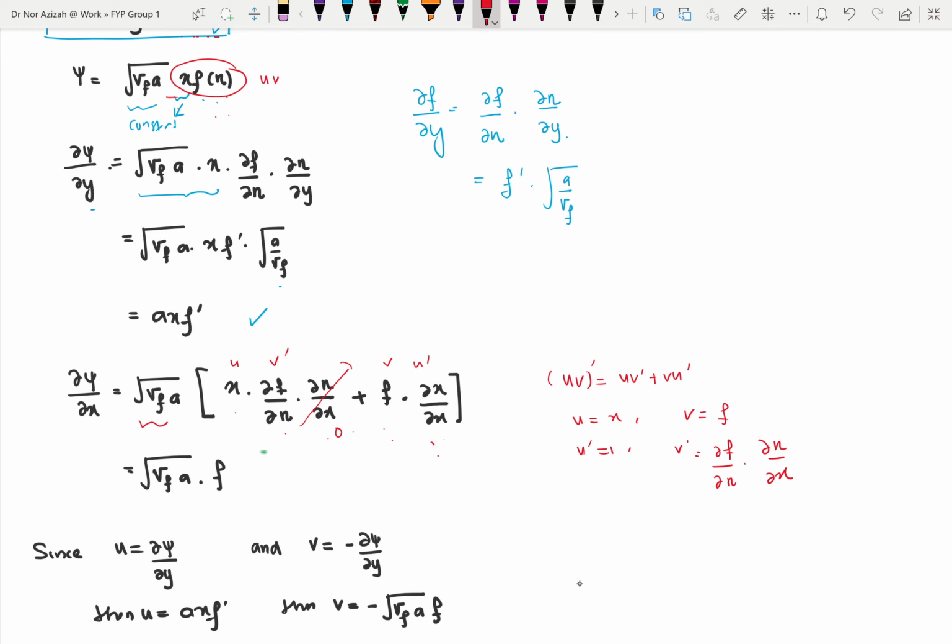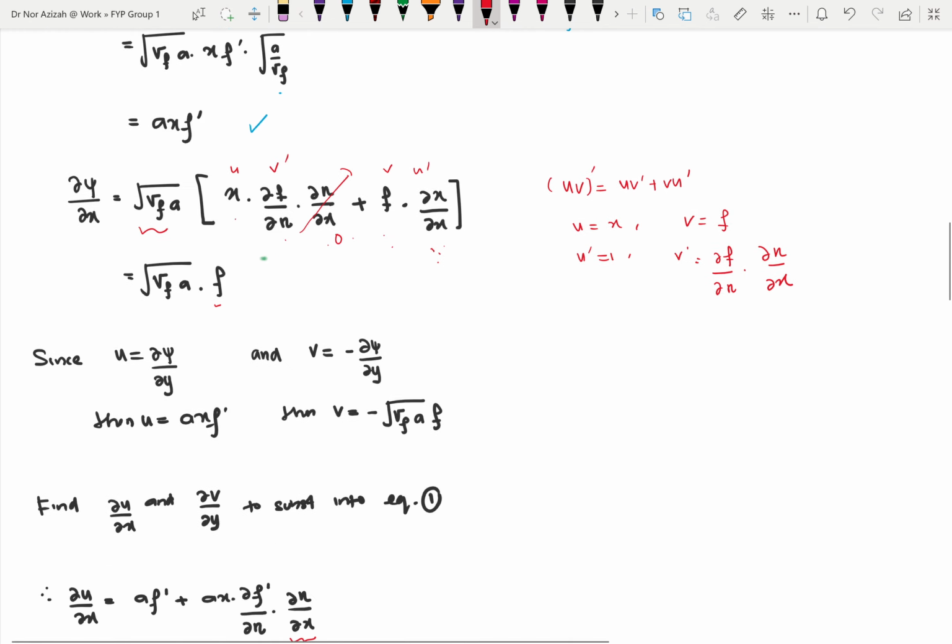Del x del x equals 1, so only f remains. Multiply by sec nu f a, and then this is the answer for del psi del x. Based on the definition before, u equals del psi del y, v equals negative del psi del x.